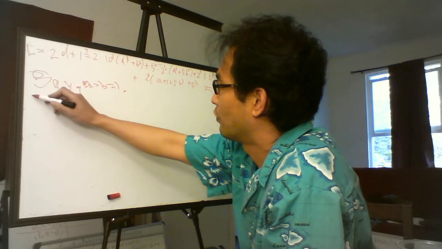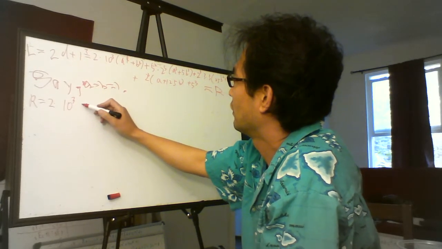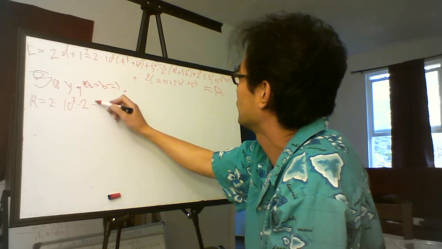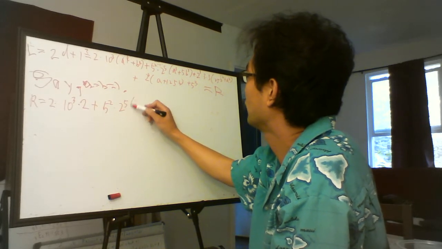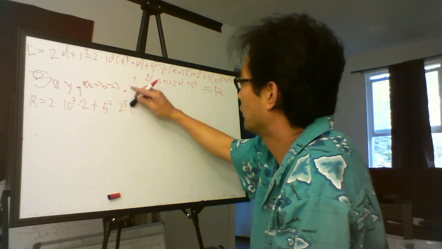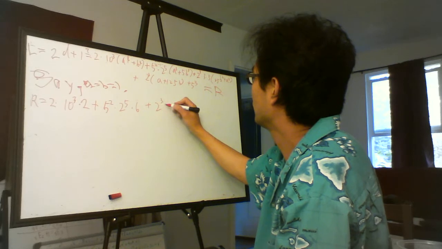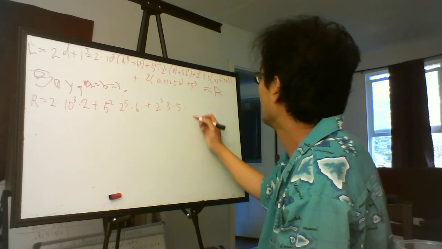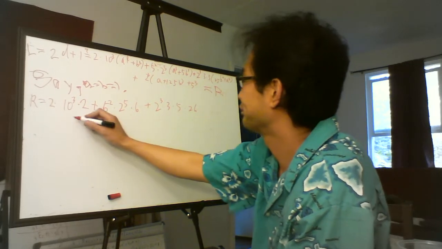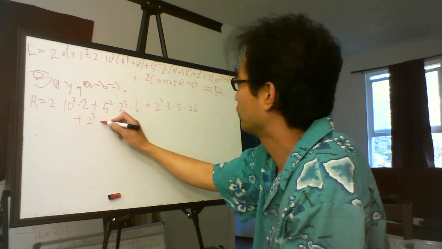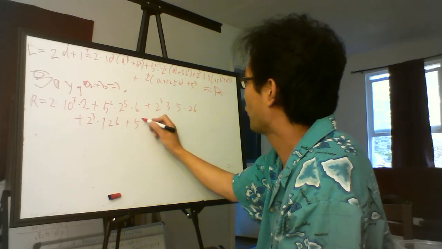Right hand side is 2 times 10 to the third times 2 plus 10, 5 to the second, 2 to the fifth, multiplied by 6, plus 2 to the third, 3, 5, 26, plus 2 to the third times 126 plus 5 to the third.